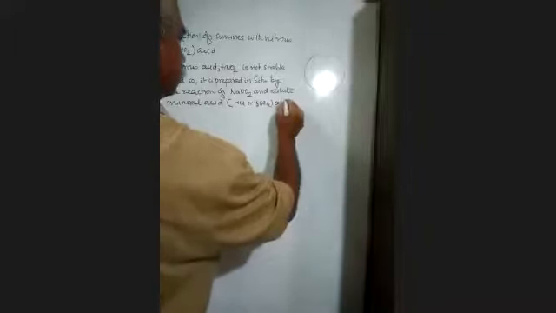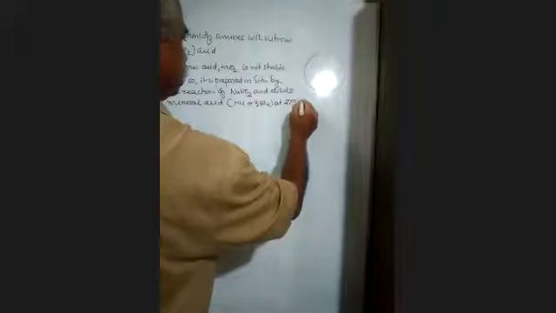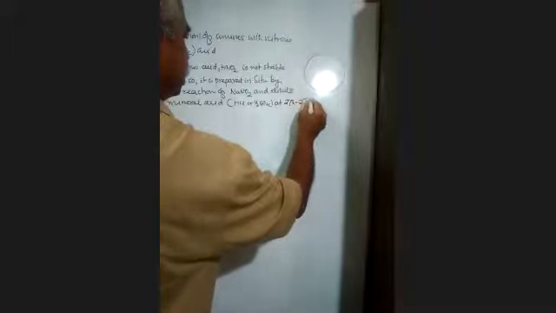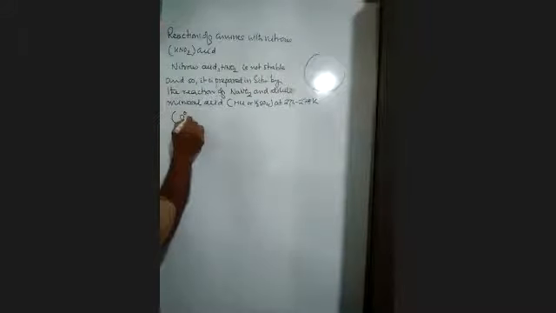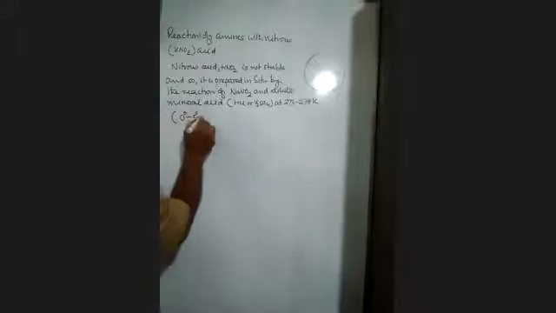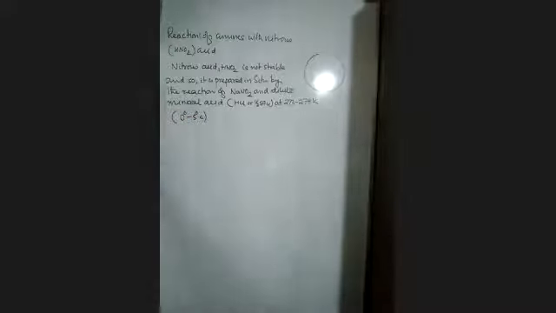At 273 to 278 Kelvin, means 0 to 5 degrees Celsius. We generally carry out this reaction in a pot containing ice and water.